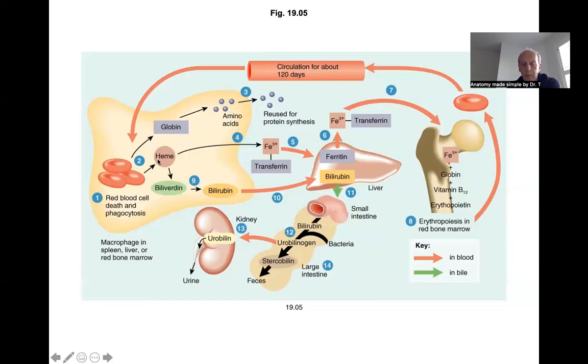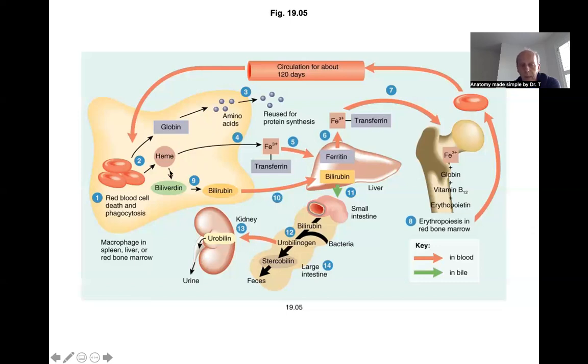With the heme part of the molecule, it is important to try to extract iron as quickly as possible. So iron will bond to a protein, a transport molecule called transferrin, which will get into the bloodstream and bring iron back into the liver.